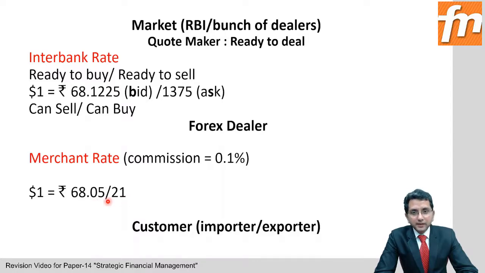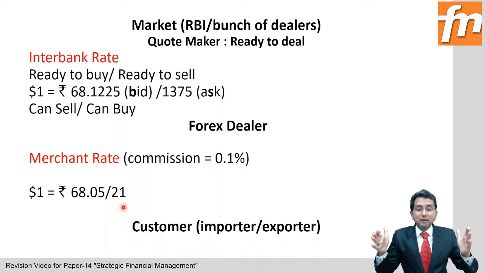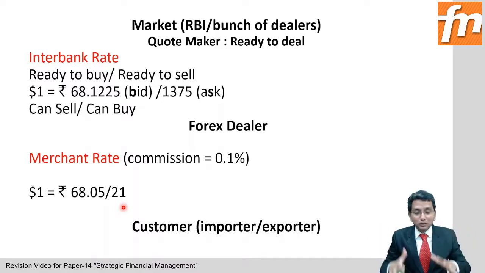Bid ask spread of a merchant rate will always be greater than the bid ask spread of the interbank rate. By its very nature, bid is lower than ask and you are further deducting margin. Ask is already a higher rate and you are further adding the margin. So from bid you deduct the margin, from ask you add the margin, the gap becomes wider. Bid ask spread of merchant rate is always greater than the corresponding interbank rate.